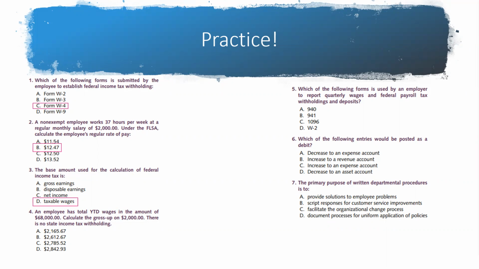What'd you get? I don't know. I must have gone in the wrong direction because it was 1800. I did the 1 minus 0.062 minus 0.0145, and I multiplied that times 2000.